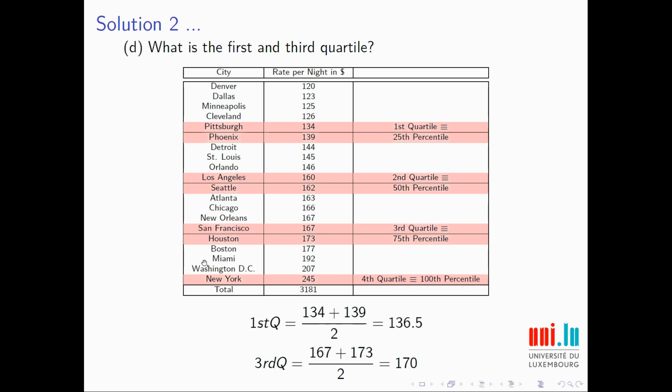So, what are the first and third quartiles? Okay, I think maybe it was one of the most difficult exercises for you, because it seems a bit tricky how to calculate it. So how to find the positions? Let me use annotations.